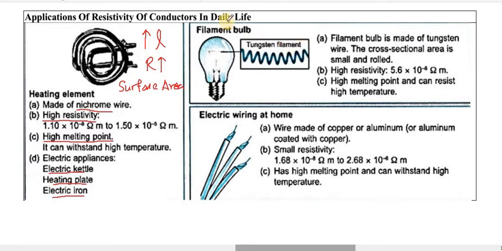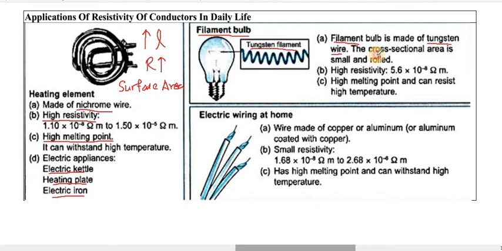Next, filament bulb. The filament bulb uses a tungsten filament. It is made from tungsten wire. We call it a filament because the tungsten wire that we use inside the bulb is extremely thin.